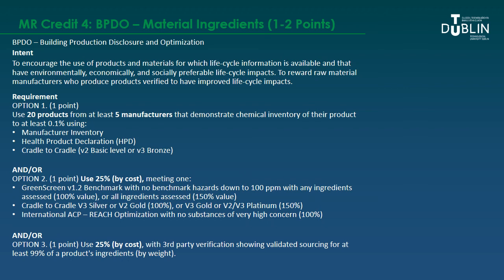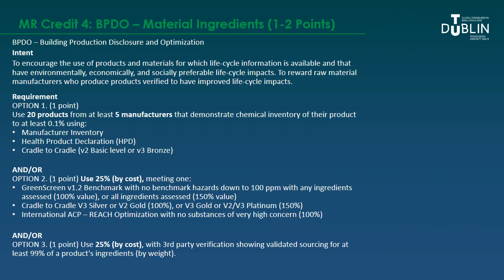And if you want to get 2 points, following a similar pattern to before, by cost, if you use 20% to 25% of materials that meet one of these particular methodologies, so it's either the Green Screen benchmark, or the cradle to cradle, or an international SCP REACH optimization. And again there's lots of different criteria and values there that the products basically have to slot into.